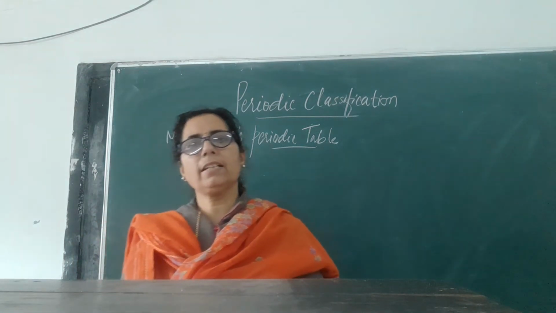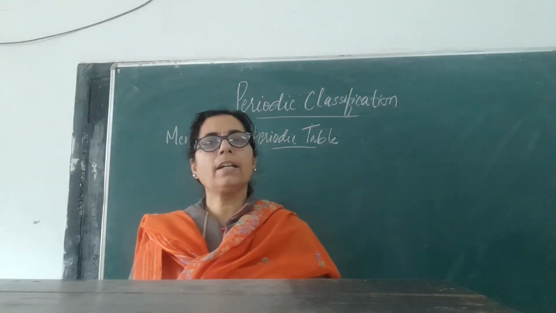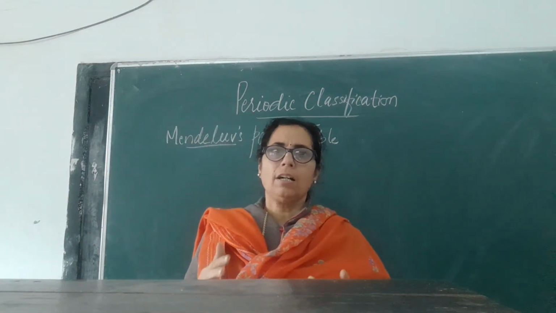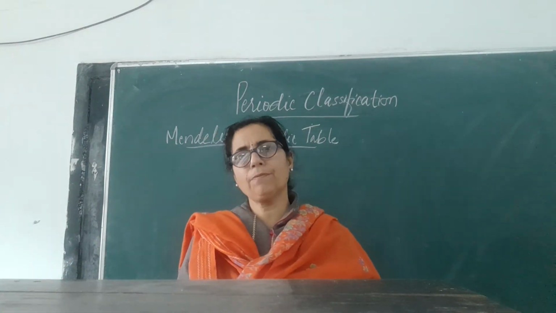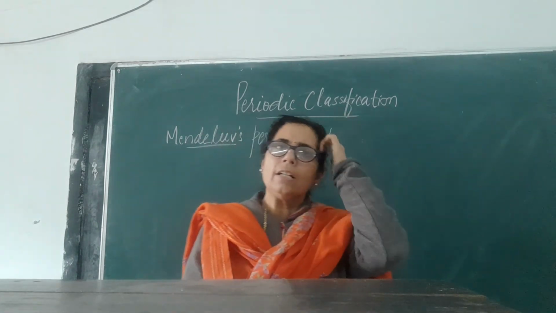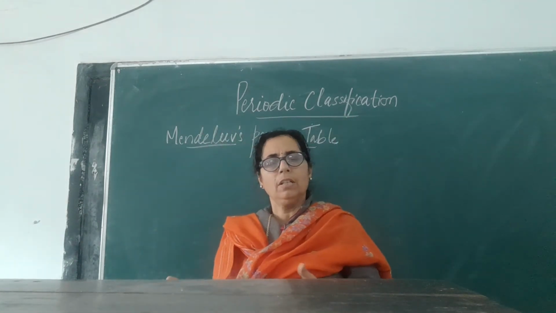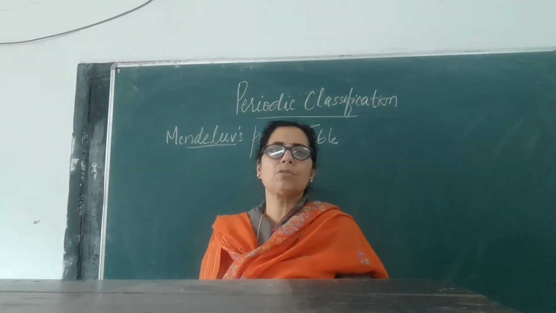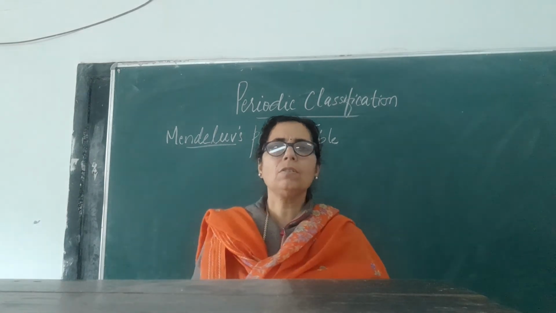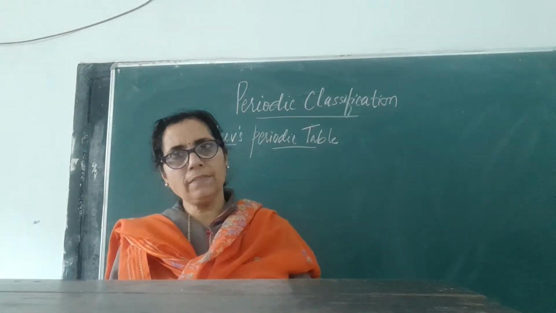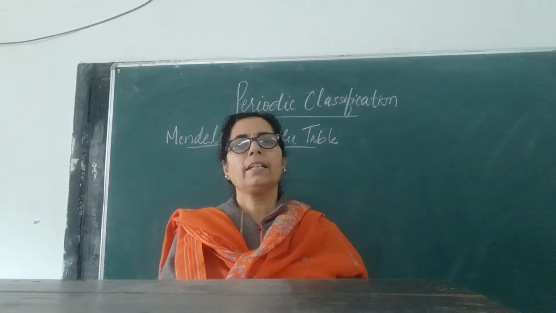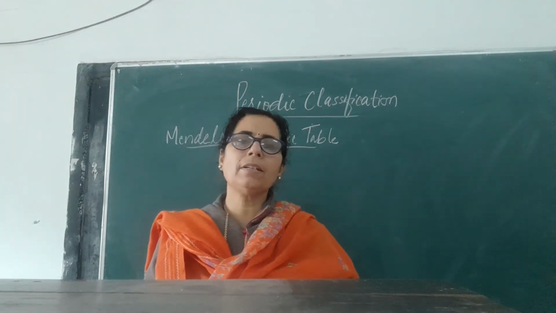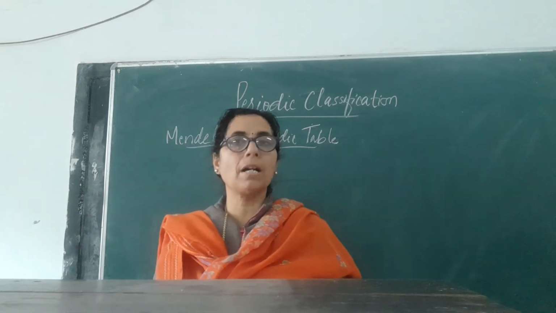So he said that in that way he could arrange many elements on the basis of atomic mass and properties. He found that some properties were very similar to the properties of the adjacent element. On this he gave one law, Mendeleev's periodic law, that the properties of elements are a periodic function of their atomic masses.